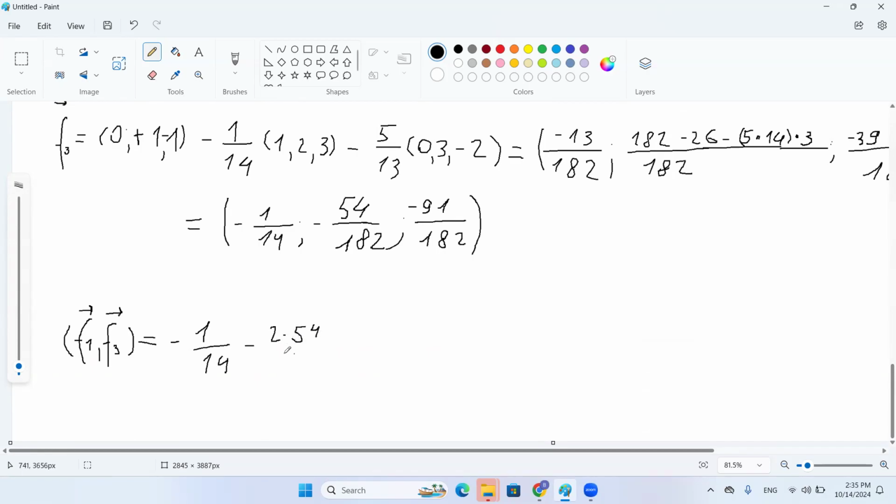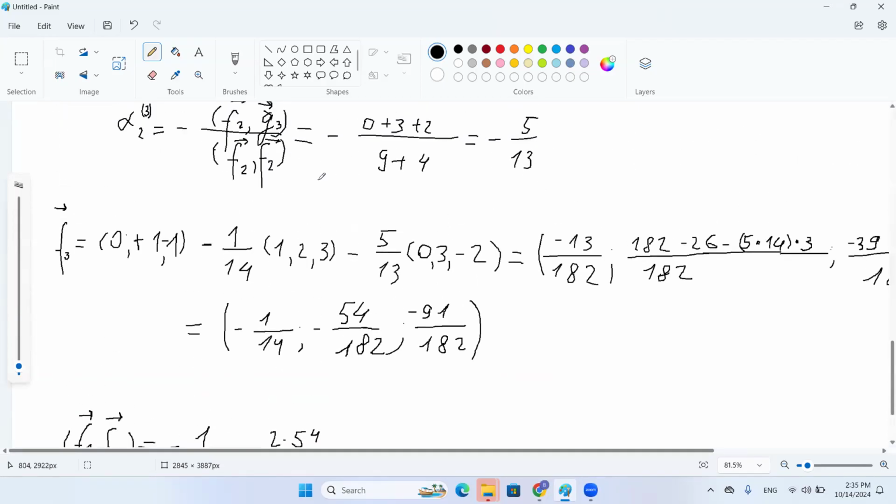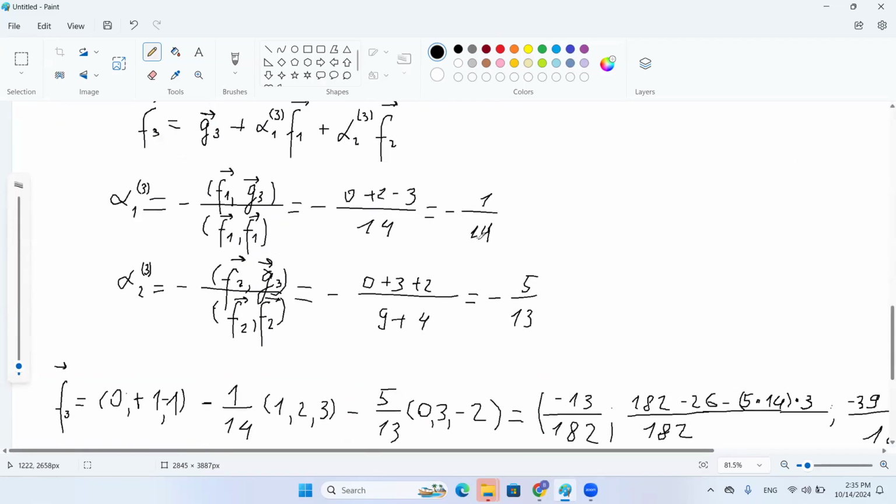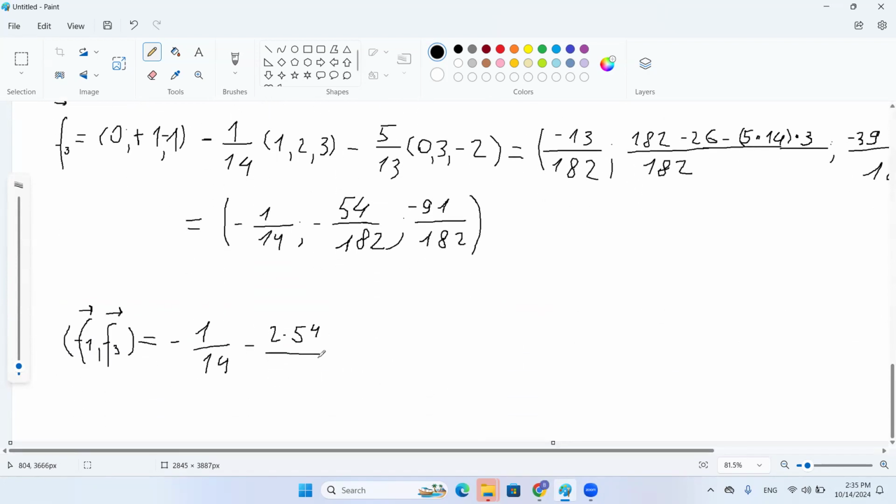Sorry, but why minus 1 over 14? It's 1 without minus. But we have here minus 1 by 14. So I understand. Okay. Minus 3 multiplied by 91 and divided by 182. Okay.